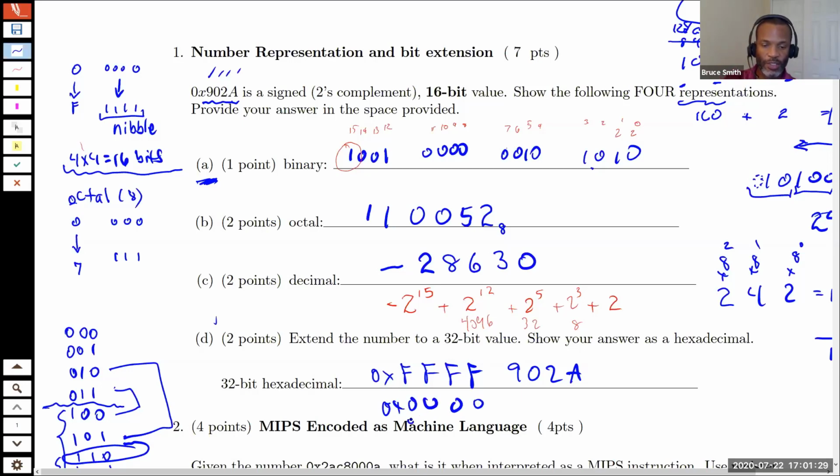Each one of these is actually 0, 0, 0, 0 as a binary, 1, 2, 3, 4, 1, 2, 3, 4, 1, 2, 3, 4, but I'm showing them as hexadecimal values. And so as a 32-bit hexadecimal value, had it been positive, like had this been a 7, 02A, that's positive. Since 7 is the most significant bit, that's how you would extend it. So you have to know what the most significant bit is to know whether or not you're going to extend it with zeros or extend it with 1s, and therefore Fs.